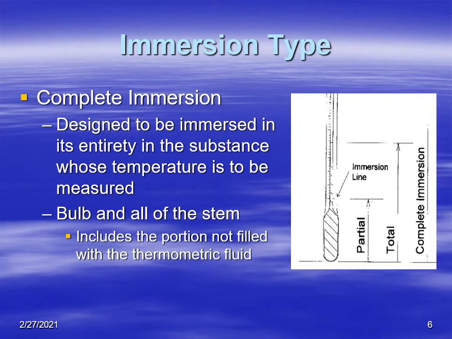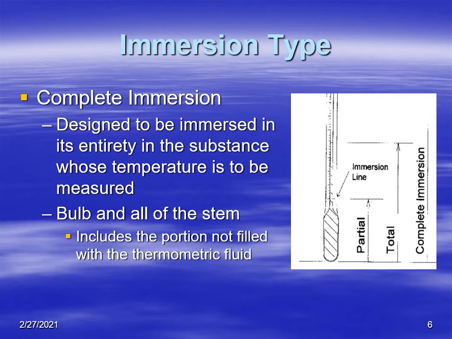In meteorology, we use complete immersion thermometers. What you're trying to measure is the temperature of the atmosphere, and the atmosphere typically surrounds the thermometer, so it's completely immersed in the fluid. In this case, the fluid is the atmosphere.